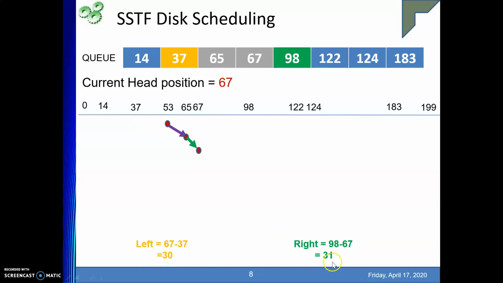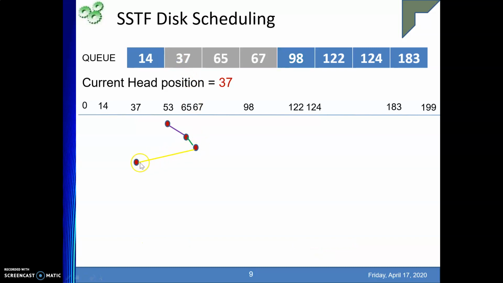Do not do this calculation with eyes. You need to do the calculation properly because they seem quite near, right? This one is 30 but this one is 31. We find that the left neighbor is smaller this time. So from 67, you next move to 37. Now your position is 37.